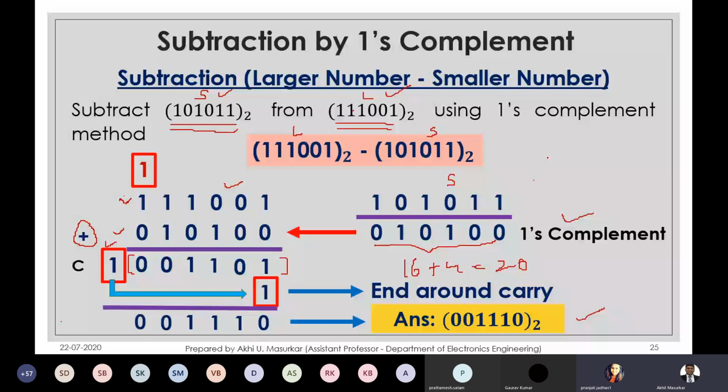Yes, but you have to calculate decimal of this and this, not this. What you are doing is you are calculating the decimal of the complement. While actually subtracting in decimal, you have to calculate decimal of this and decimal of this. Then you will get some answer. That is this answer.